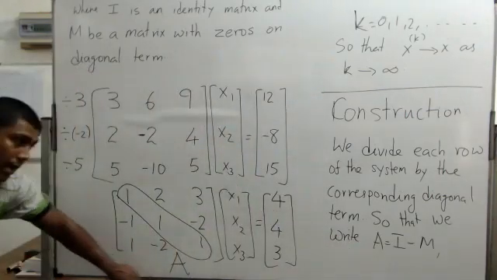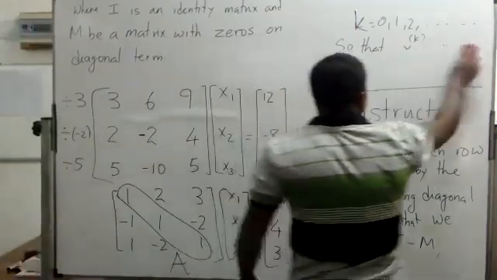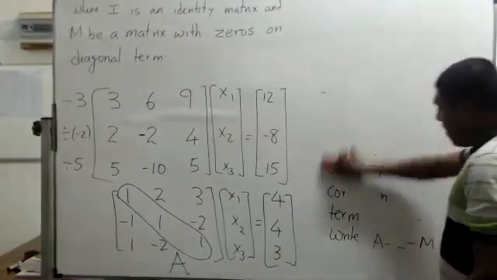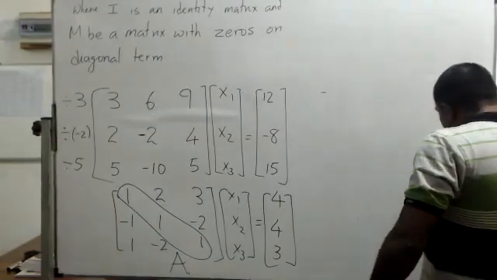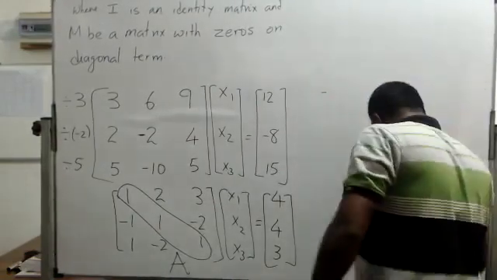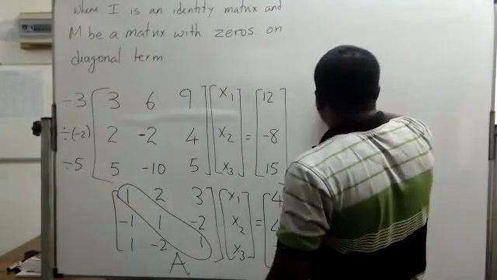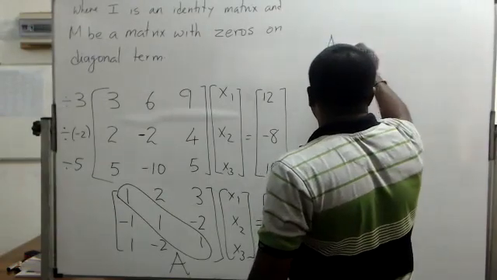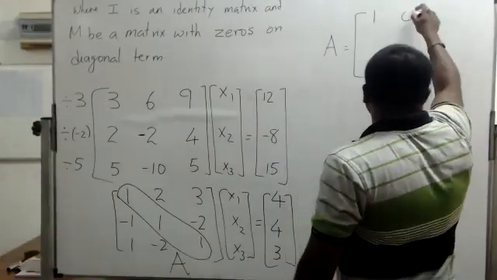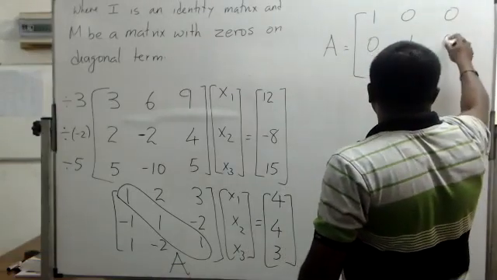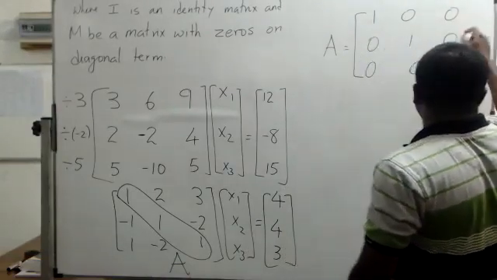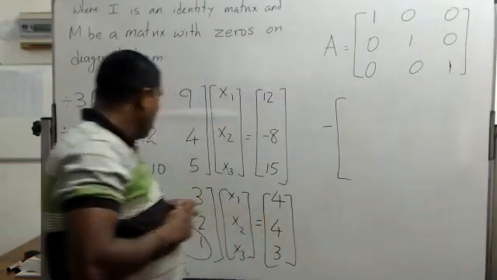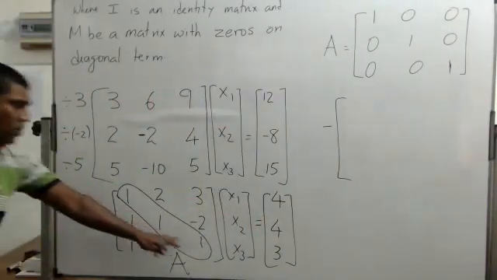Where I is an identity matrix and M is a matrix with zeros on the diagonal. Okay, so here you can see that A is basically the identity, 1 0 0, 0 1 0, 0 0 1, minus M, a matrix with zeros on the diagonal.